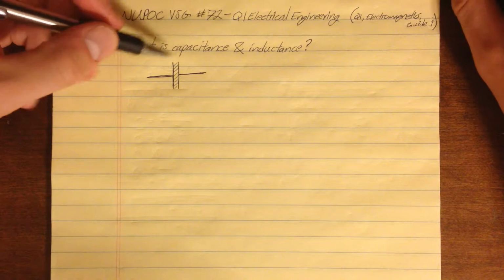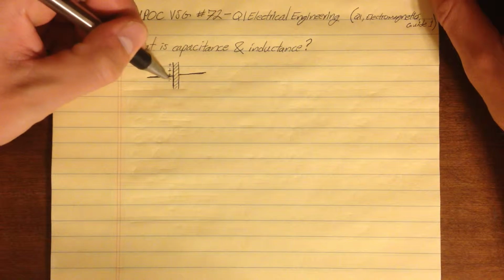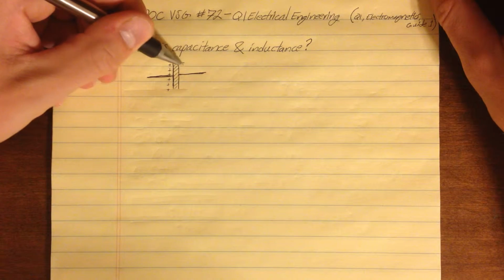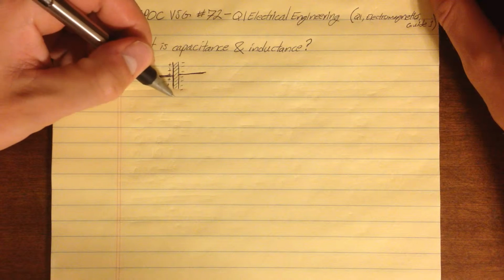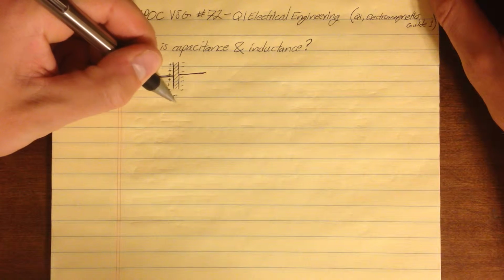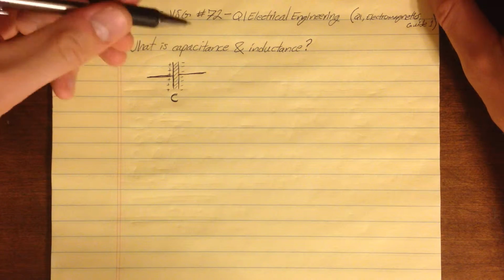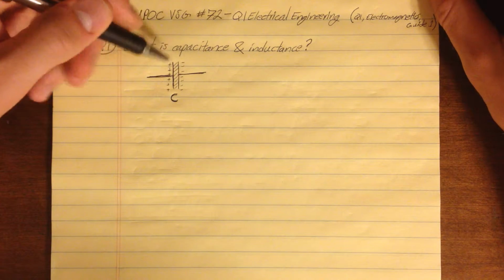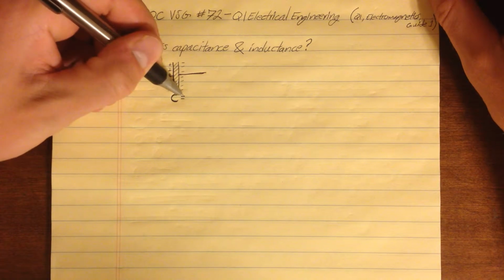Then we charge up these plates, so maybe we have some positive charges here and some negative charges here, and the capacitance of the capacitor, let's say C, there's some capacitance value to this.